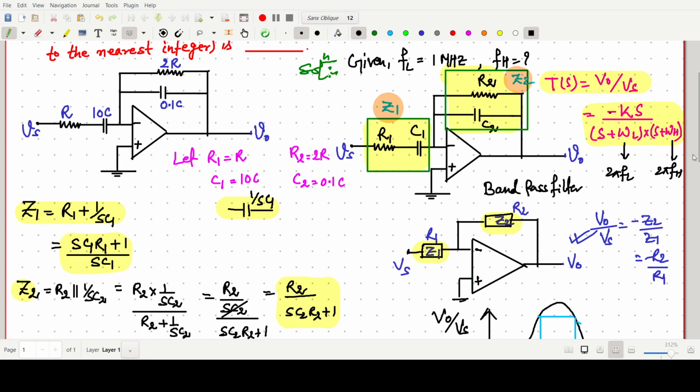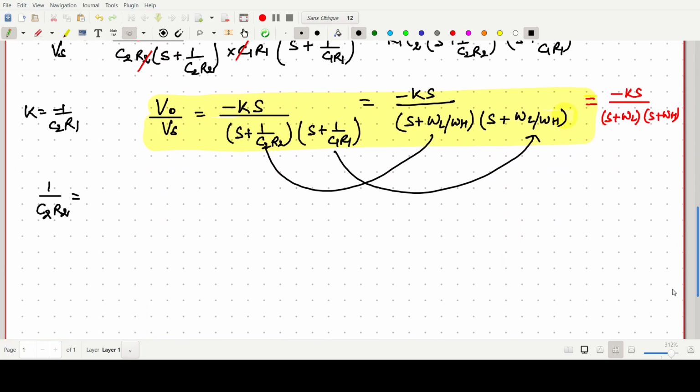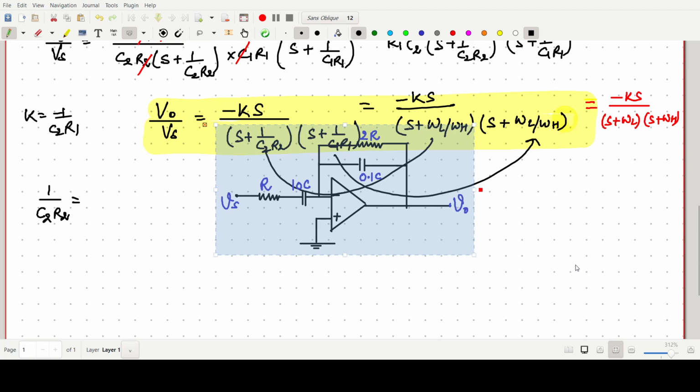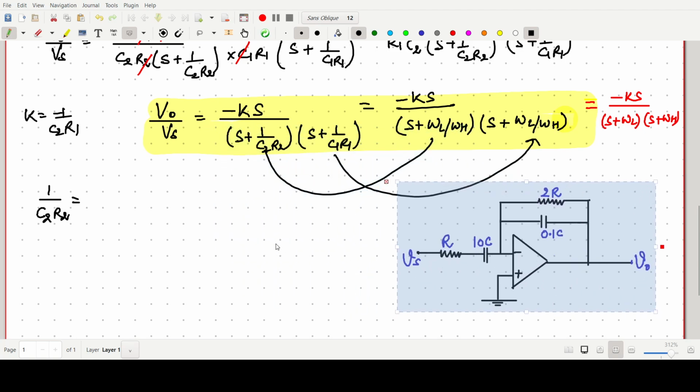Okay, so once again, I'm just redrawing the circuit, that this value is our r1, c1, and this one is r2 and c2.